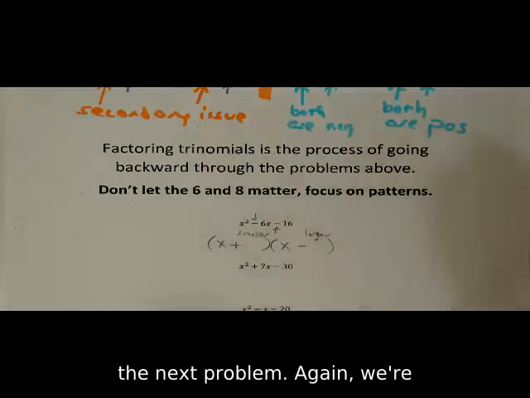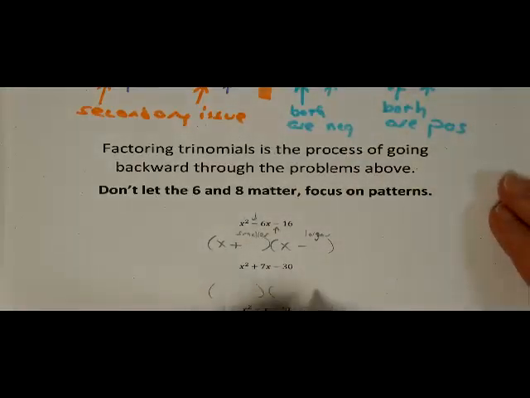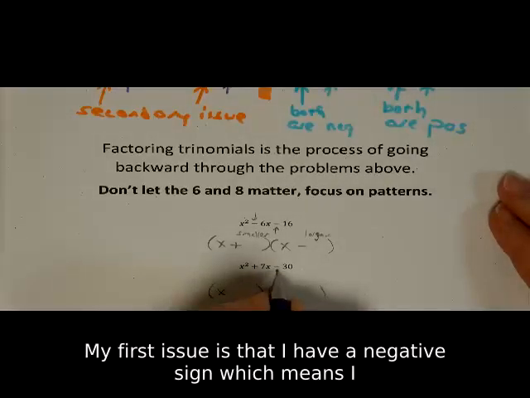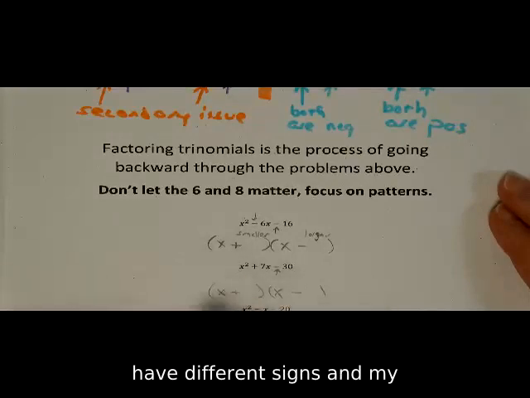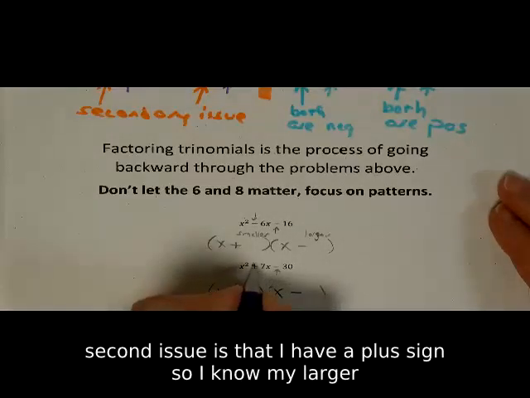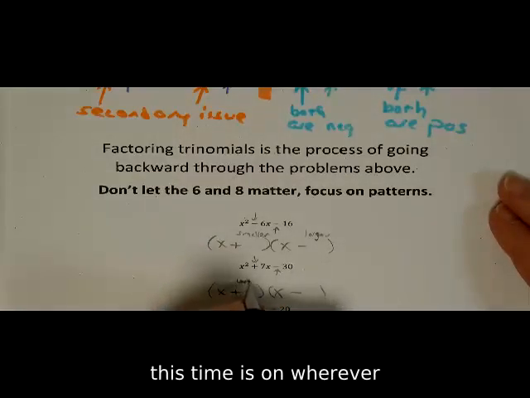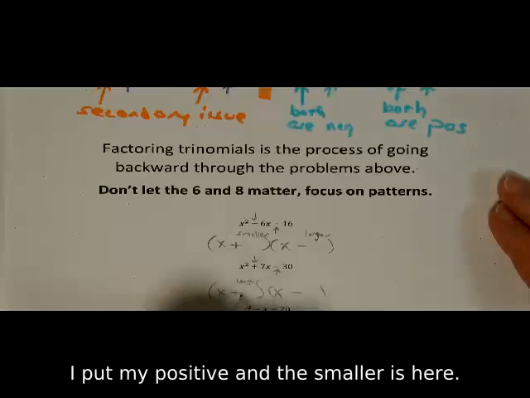Again, we're just setting these up. My first issue is that I have a negative sign, which means I have different signs. And my second issue is that I have a plus sign, so I know my larger this time is wherever I put my positive, and the smaller is here.